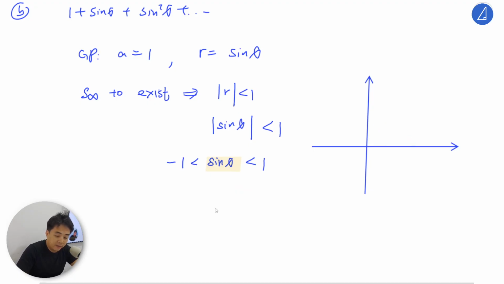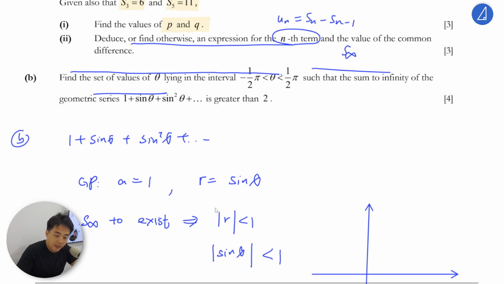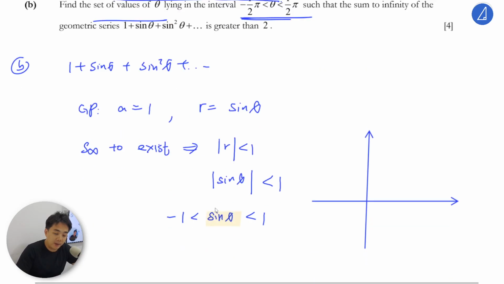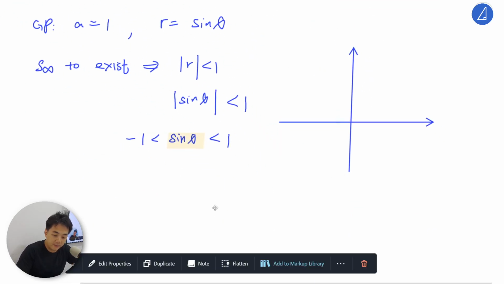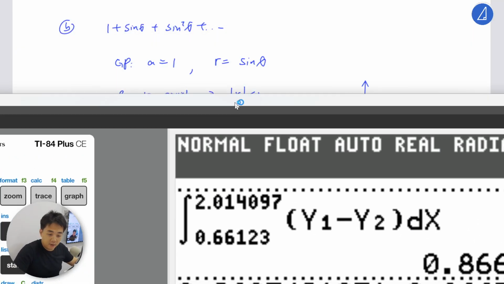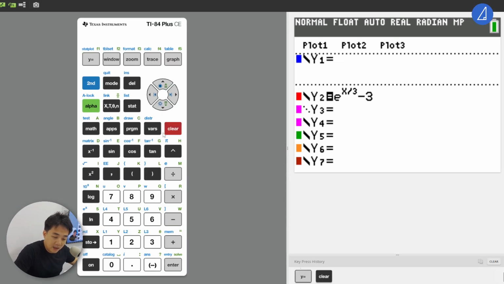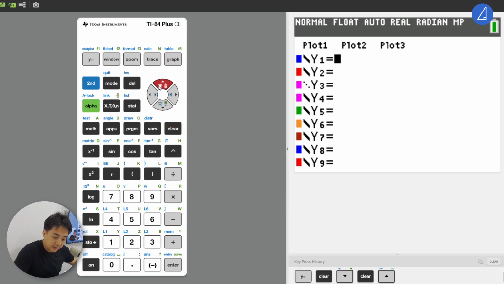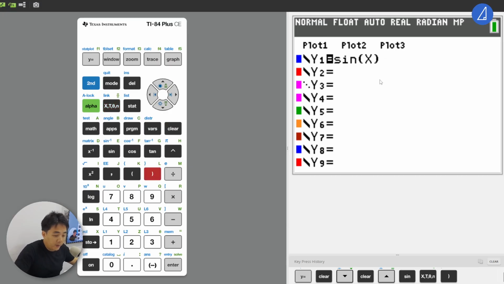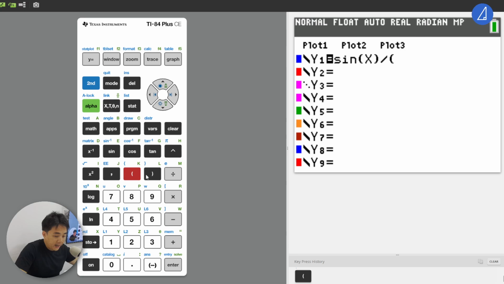So when you draw the sine graph, remember you use a GC, right? You're looking at this interval, negative pi over 2 to pi over 2. So how does the sine graph look like? This is your sine graph, right? So okay, you can key in the calculator. Remember this. You key in sine x. For the domain, this is what you do. You put divide, open bracket. Okay.